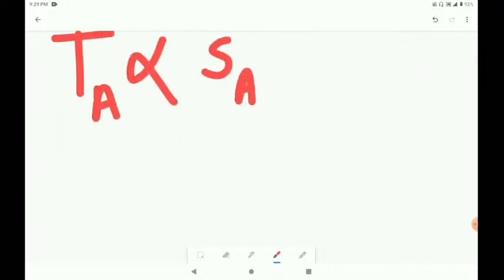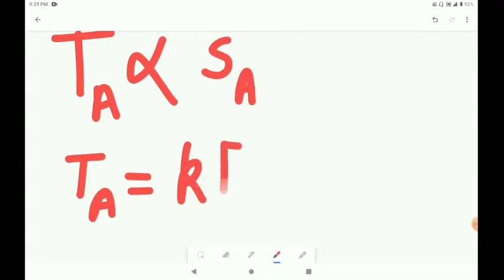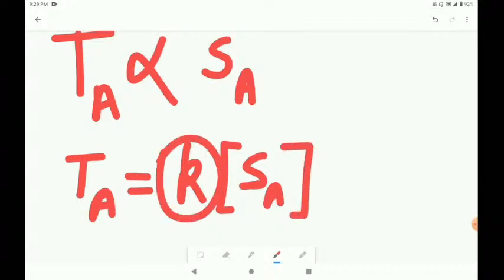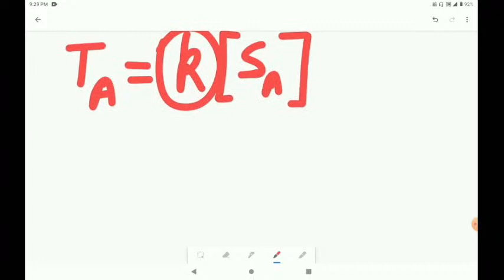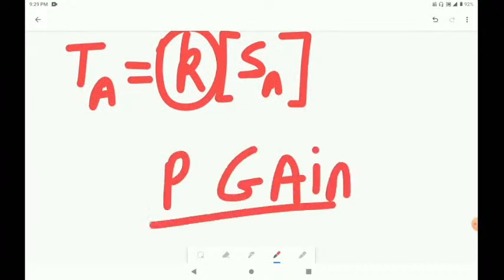Using simple maths, the TVC angle is equal to some constant k multiplied by the sensor angle, and this constant is our P gain. This gain is constant throughout the flight, throughout the code, and does not change. So this is the proportionality term in the PID loop.